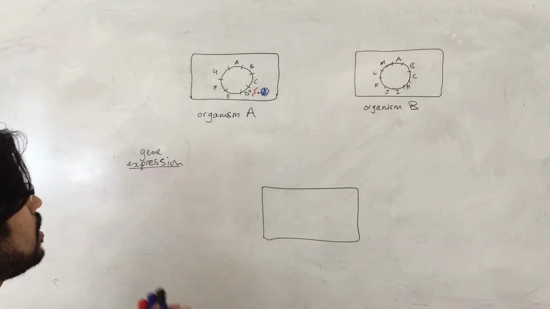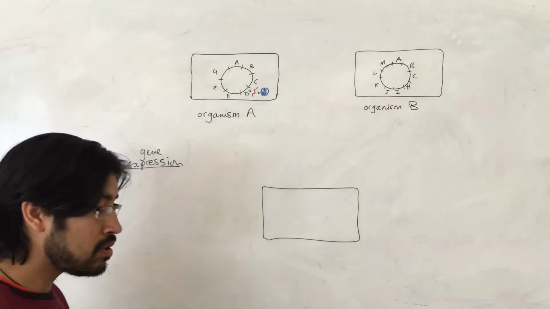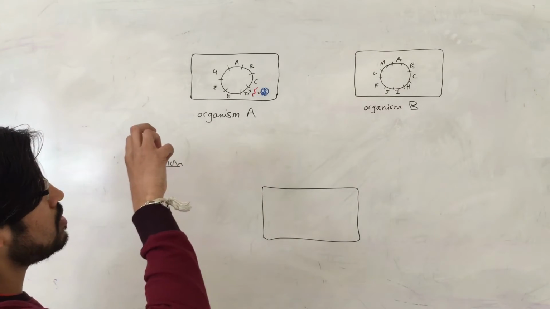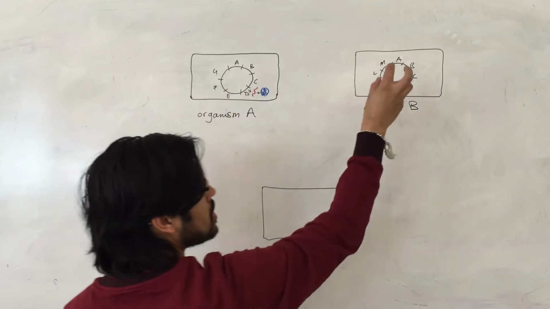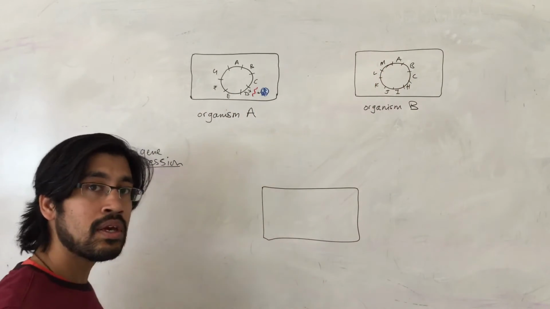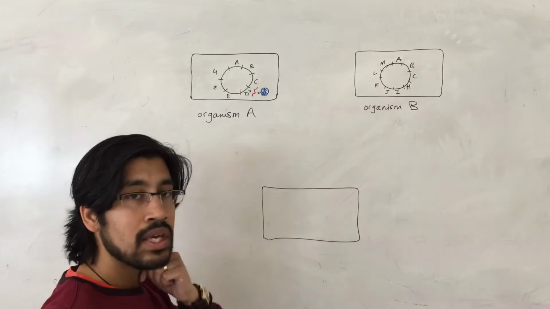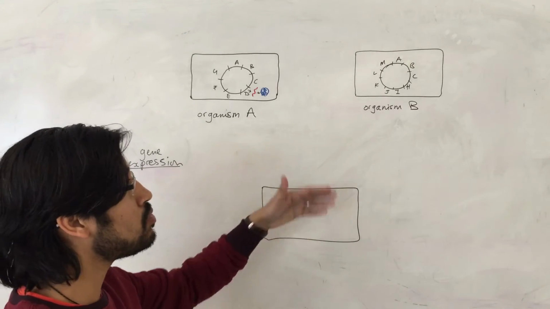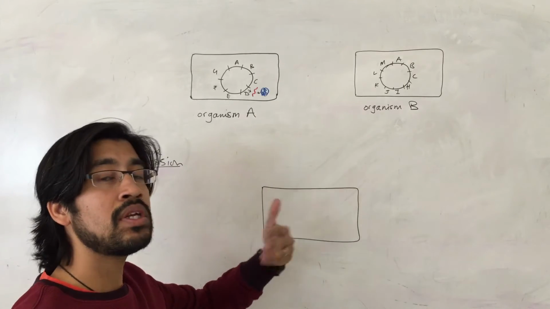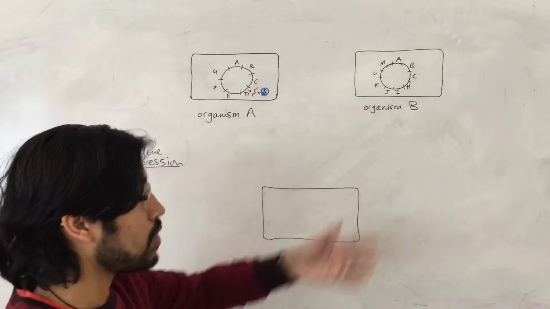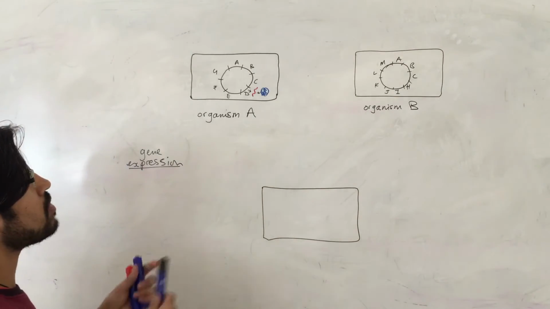So essentially, you can think of it as a physical extraction of a gene from organism A, inserting that gene into organism B, and then giving organism B the chance to produce a protein product for which it didn't originally have the gene. So what does that mean in our example?